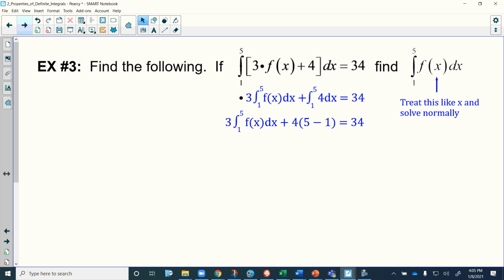We're going to say the integral of the constant is going to be 4 times the difference of the interval, so 4 times 5 minus 1, and that's just going to give you a 16. And now we move the 16 over through subtraction, there we go. And then we divide it by 3, and here we go.